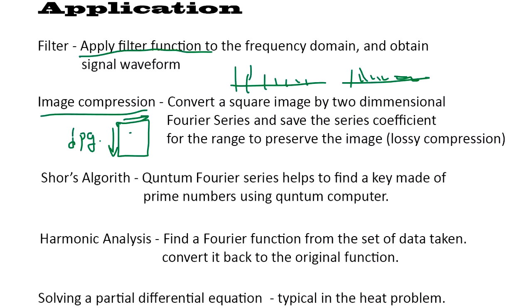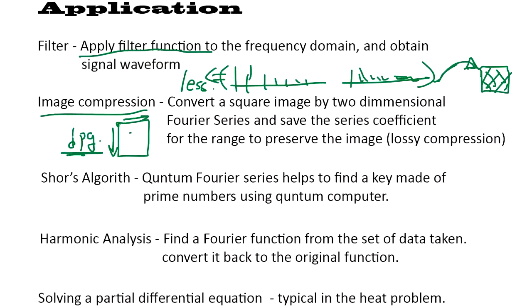If you need the image, you convert it back to the original image. So the amount of information you need to save is much less than the amount of information to save for the entire image. And that's the way it's compressed. The image file is compressed into a smaller file in a JPEG.